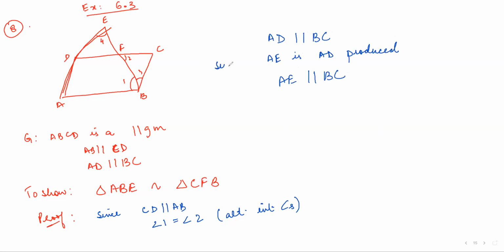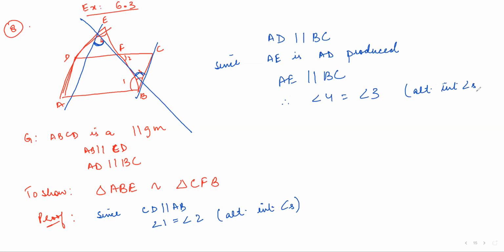So this complete line AE is parallel to BC. Now this is a transversal. So that means your angle 4 is equal to angle 3, correct? Therefore angle 4 is equal to angle 3, alternate interior angles.